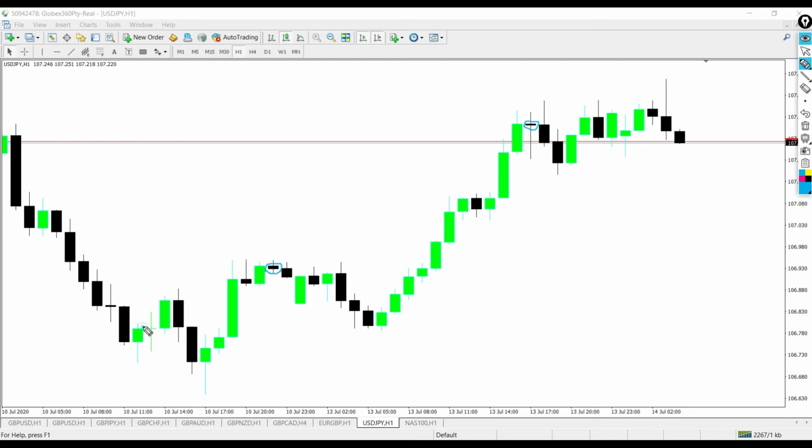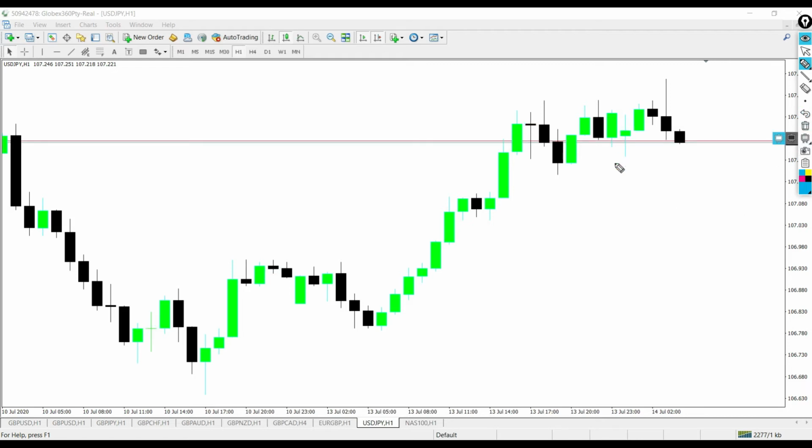Almost every time. Sometimes it closes exactly at the same level. So if you look at these candlesticks, they all look the same. Even this one. Even though the body is slightly bigger, looking at the wicks, they tell you that this body is in the middle and it's almost closing at the same level.